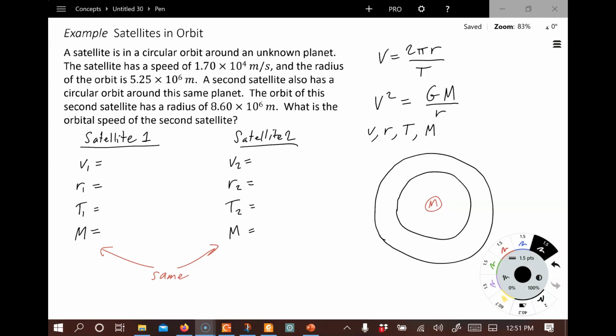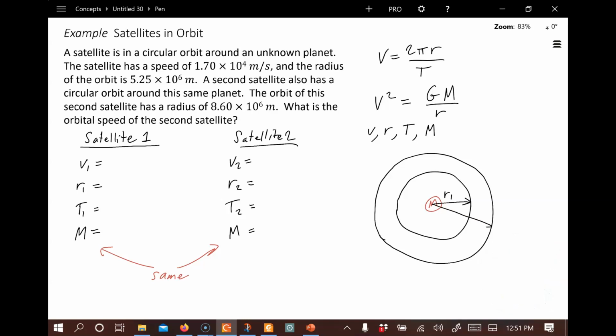And we see that we're given a couple of the radii, right? So let's say this is the first satellite. It's got R1, which is shorter, and the second satellite has a slightly larger radius. So R1 here, I'm going to call that the inner trajectory, so that is this one here.